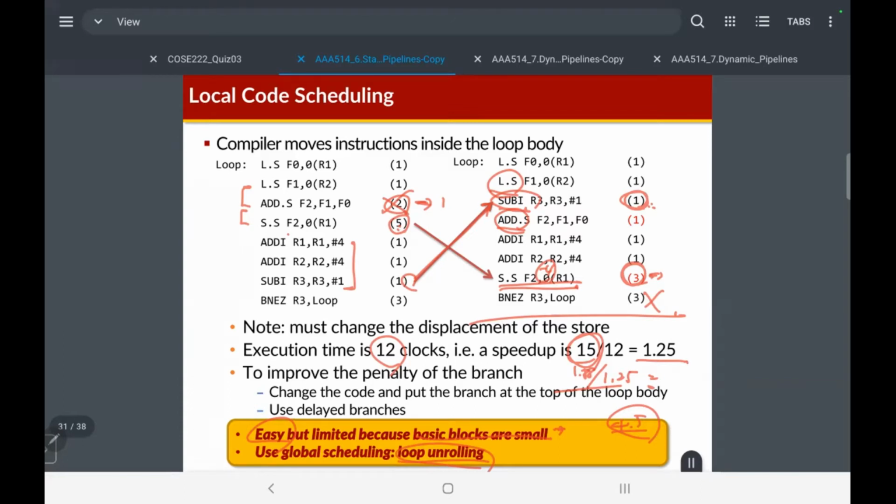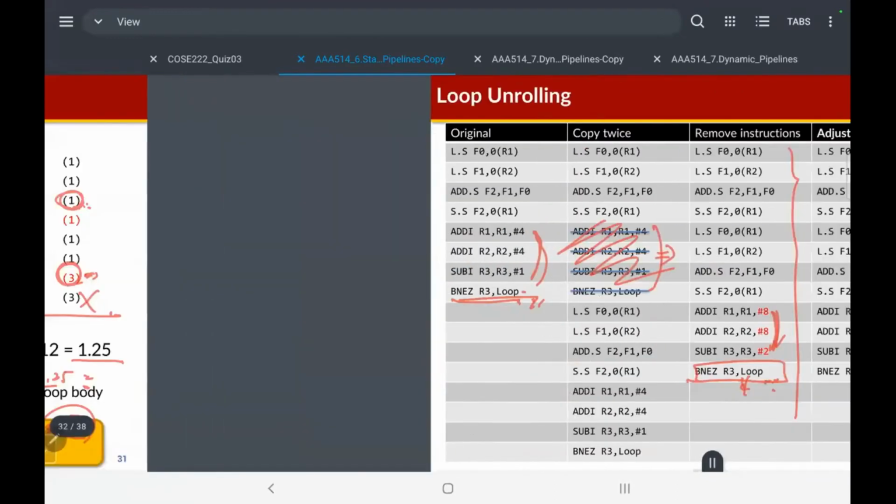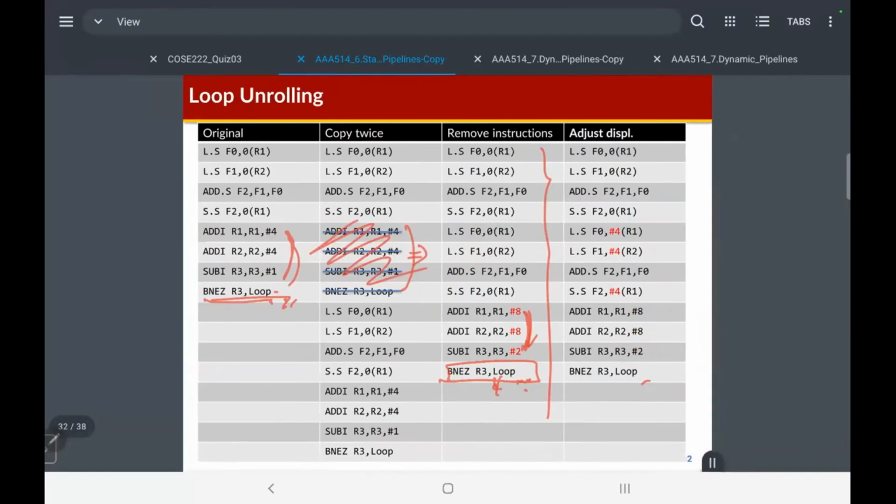basic block. But I also explained that the typical size of a basic block is about 4.5, which means that we can usually find only 4 or 5 instructions. That's the average number.